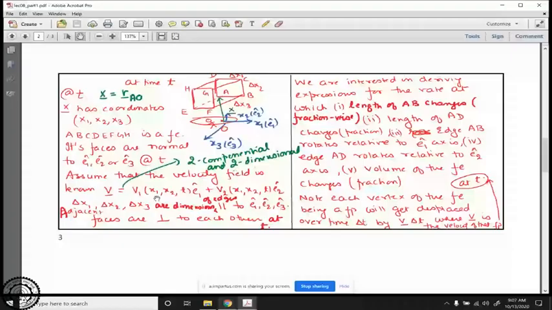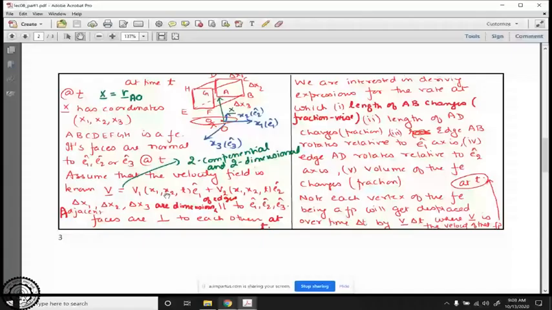So you see I have written only x1 and x2 as independent variables. Now this assumption is not required to actually derive the full expressions. The expressions that we will finally look at will be applicable for a 3-componential, 3-dimensional flow field.